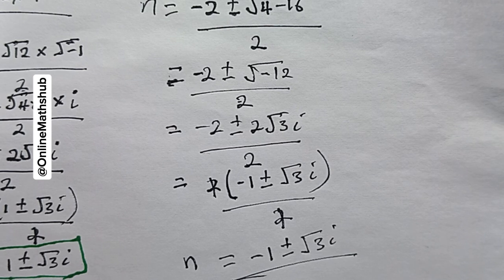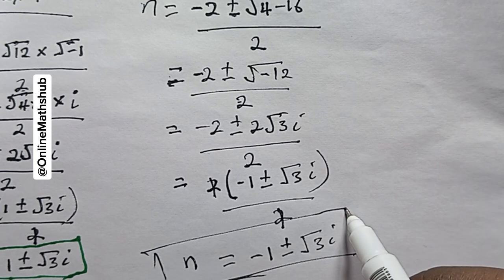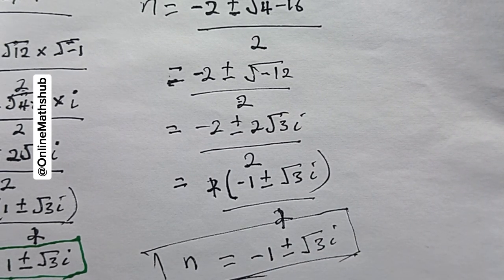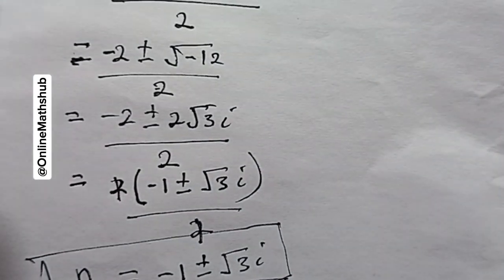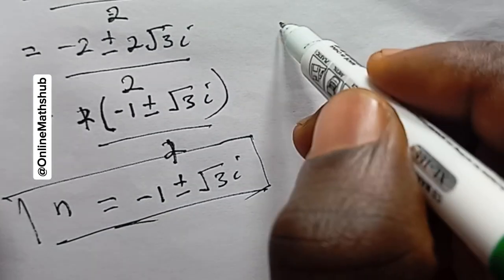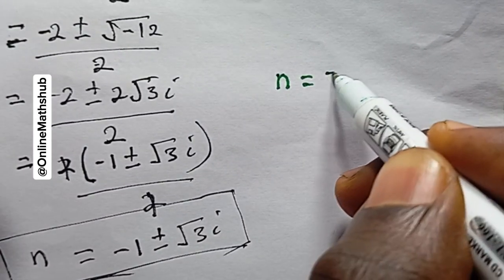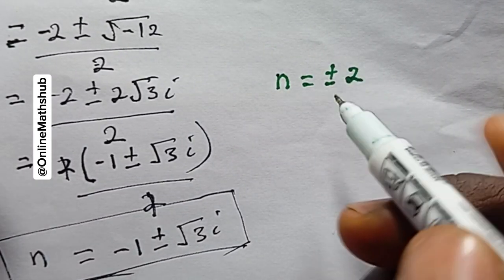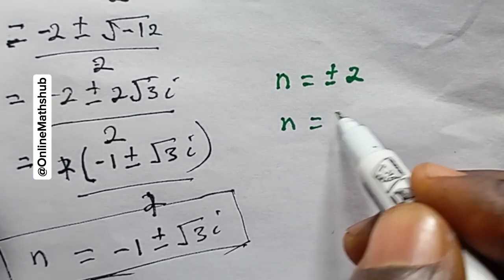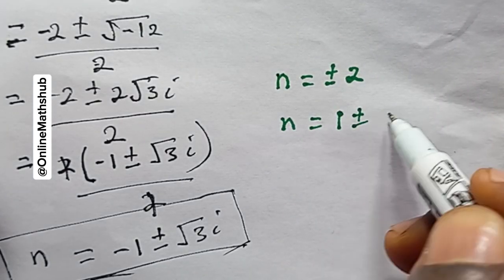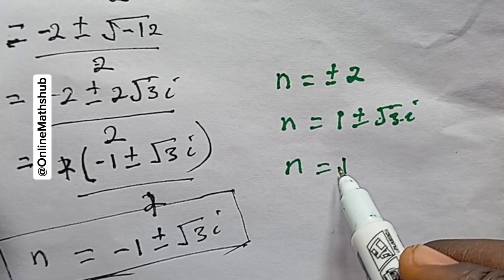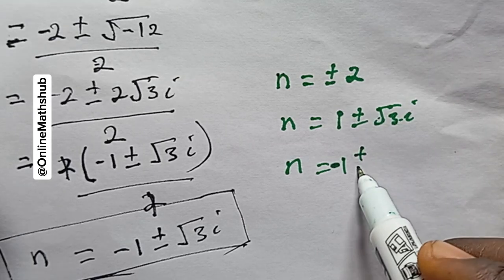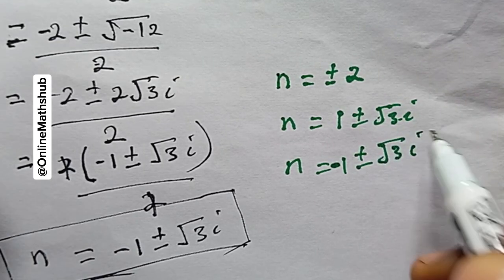This is going to be the 5th and the 6th values of n which will satisfy the problem we are solving. So if you followed through, the solutions to this equation are n equal to plus or minus 2, n equal to 1 plus or minus root 3i, and n equal to negative 1 plus or minus root 3i.